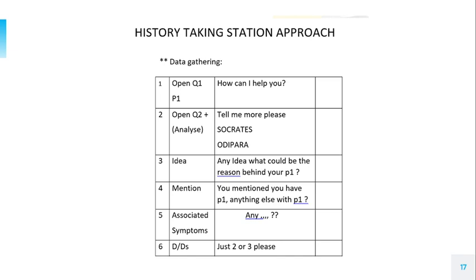A, aggravating factors: is there anything that brings it on? And they'll tell you, whenever I'm lying flat and I try to rise up, or when I'm seated and try to stand, it just brings it on. Any relieving factors? I feel relieved when I sit still or when I lie still. Anything else? That's the A for ODD PARA, and they'll tell you if there's anything else.